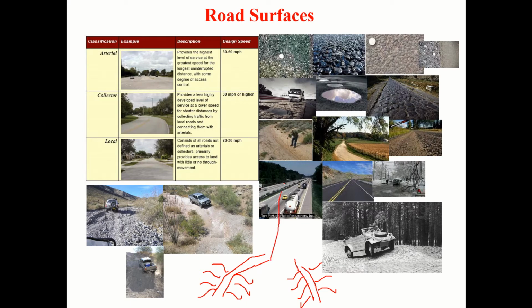Then you can have arterial roads, which connect here and here. So it's the main artery, like blood collection from the local points to the main one. This you can call collector roads, this local roads, and this an arterial road.